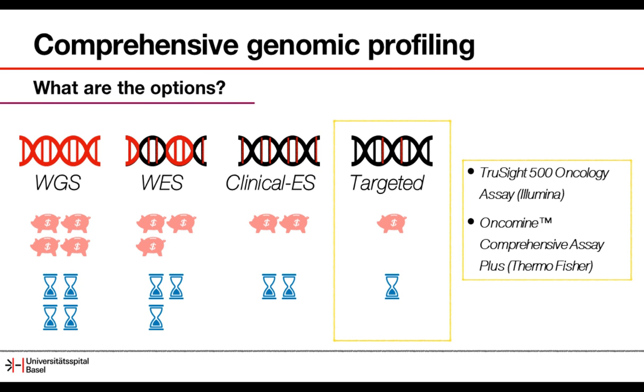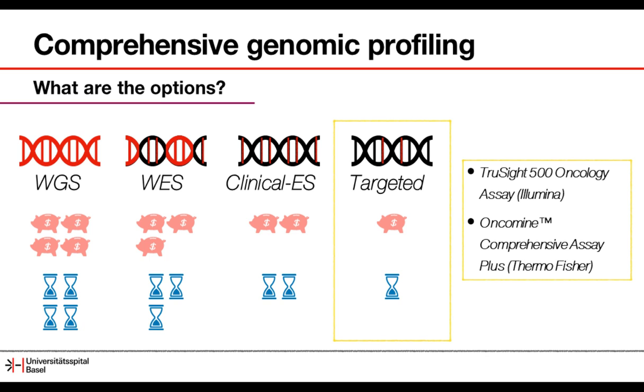Moving to clinical research, what are the options for comprehensive genomic profiling? So the furthest we can go is whole genome sequencing, which, however, is time-consuming from the analysis point of view and also very expensive. However, it allows to sequence the whole tumor genome.